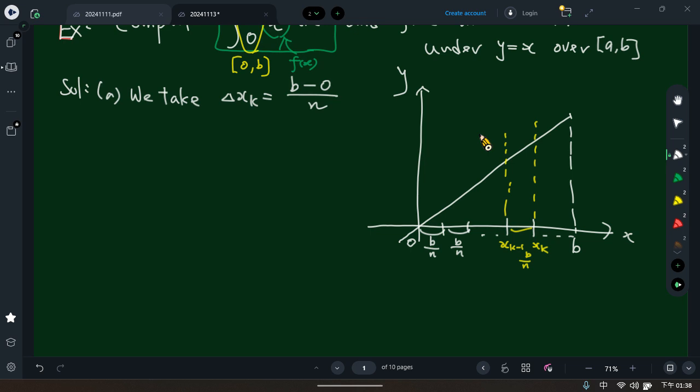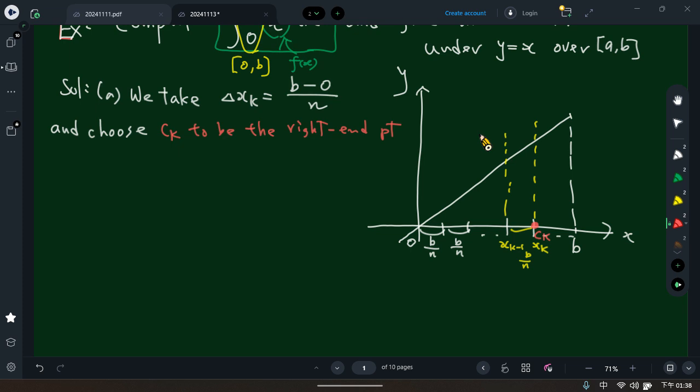So we just choose c_k to be the right endpoint. That means finally I just use this point as my c_k.